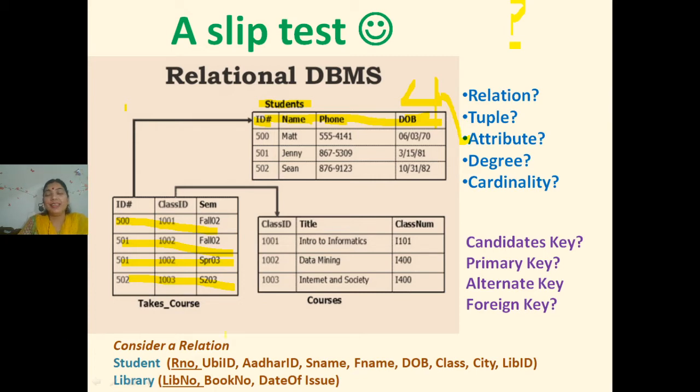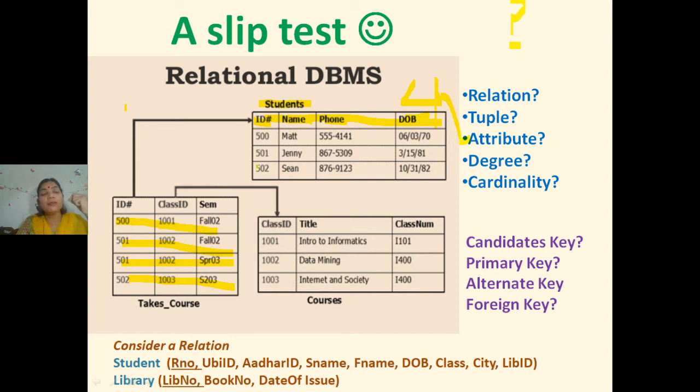3. Then what is the cardinality? Count the records, count the tuples and say it as the cardinality. The first table students has a cardinality of 3.